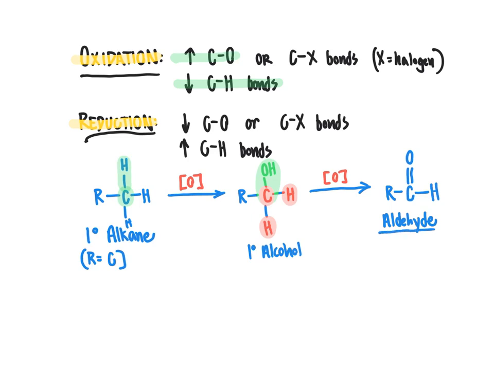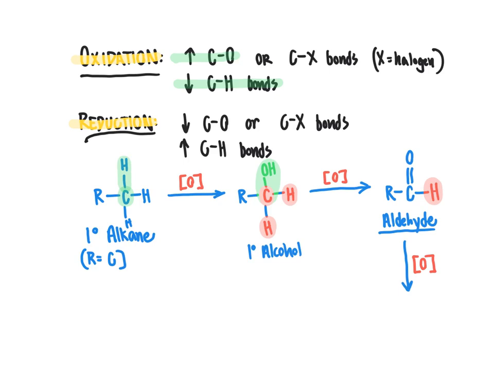Then from there, the aldehyde is still going to be susceptible to additional oxidation, further increasing the number of bonds between carbon and oxygen. We'll again do that by removing a carbon-hydrogen bond and replacing it with a carbon-oxygen bond. In this case, the carbon-hydrogen bond that we have left available on the carbon being oxidized is this aldehyde hydrogen right there.